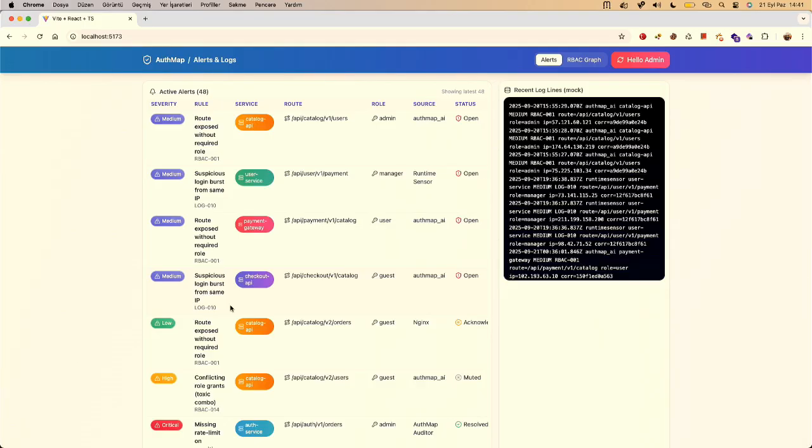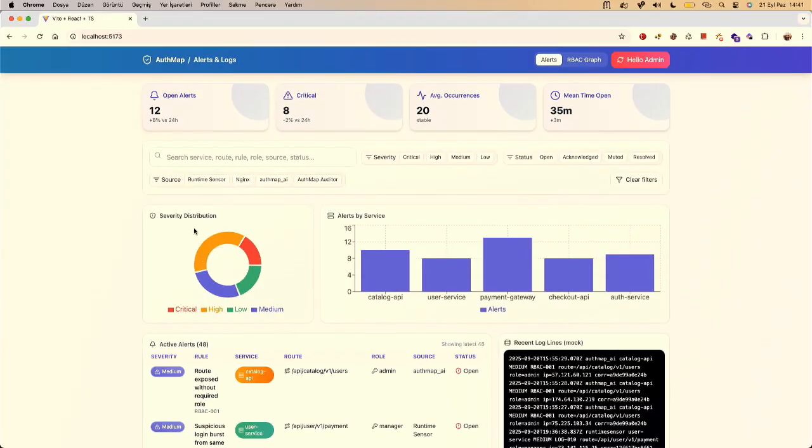We use complicated data on this screen, and you can filter some data.